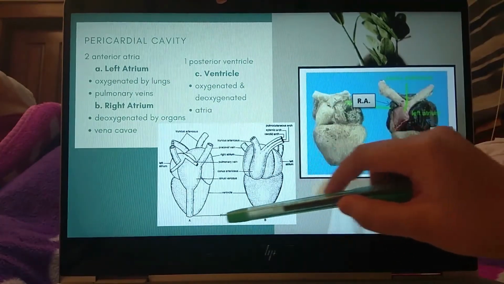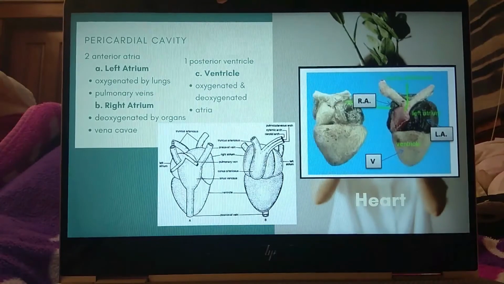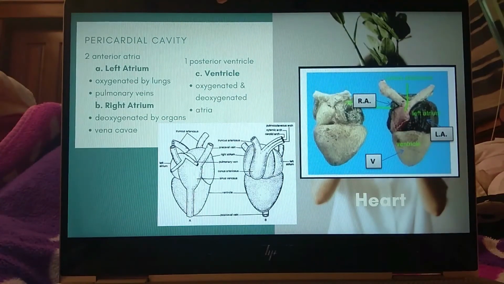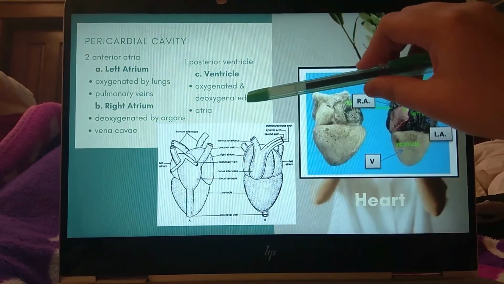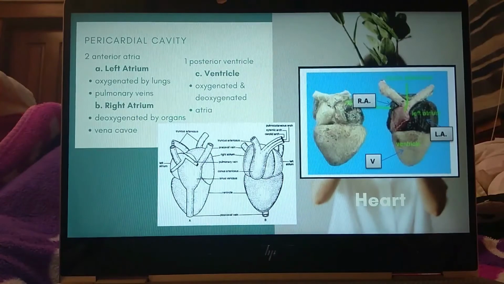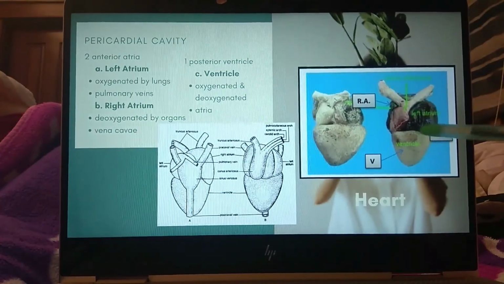Here is the post and here is the pre. Whilst for the one posterior ventricle, this is a cone-shaped ventricle that receives both the oxygenated and deoxygenated blood from the atria. Here are the left atrium, the right atrium, and the ventricle.